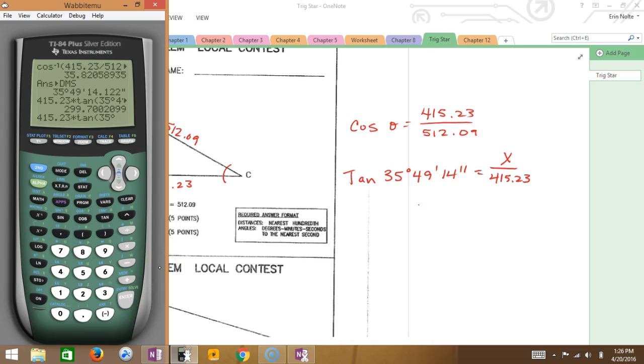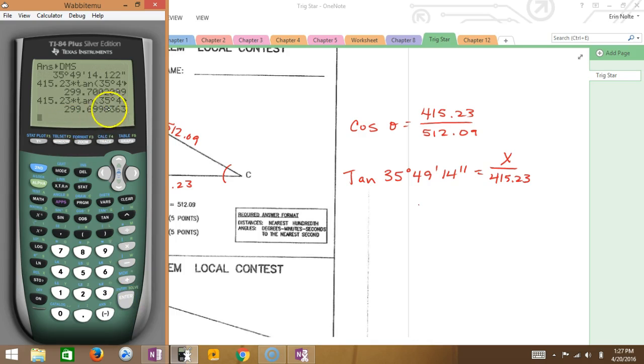Now we have to do 49 minutes. Second, angle, number 2 is minutes. And seconds is way over, not even in the same spot. Do you see it right here? It's the plus key, but it's the alpha. So you have to hit alpha, seconds, to do that.